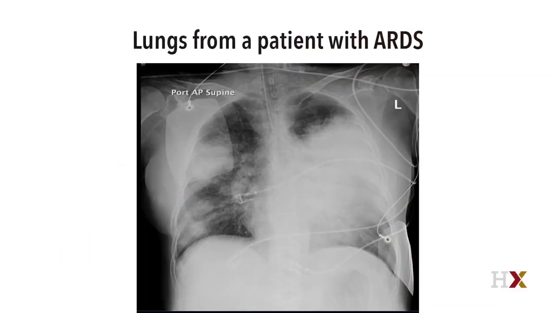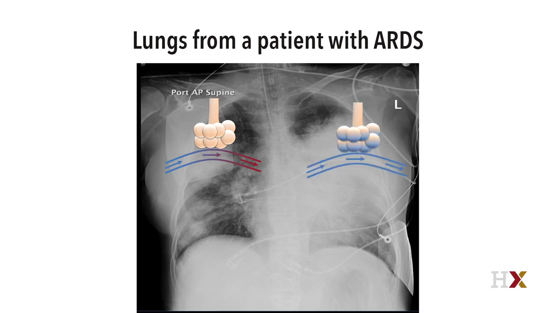When we look at the lungs of a patient who has ARDS, we see a lot of heterogeneity. Here in this X-ray, we see a profound example of that. We see areas up here that have normal ventilation perfusion and are participating relatively regularly in the process. There's a large area over here with profound edema, consolidation and infiltrate.